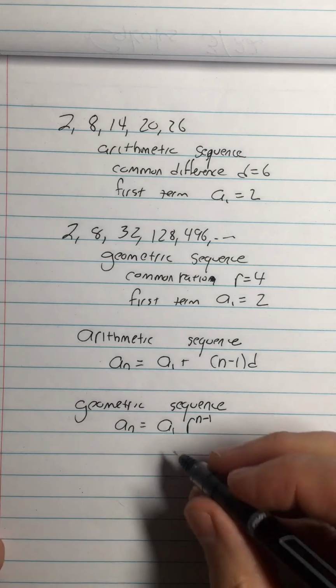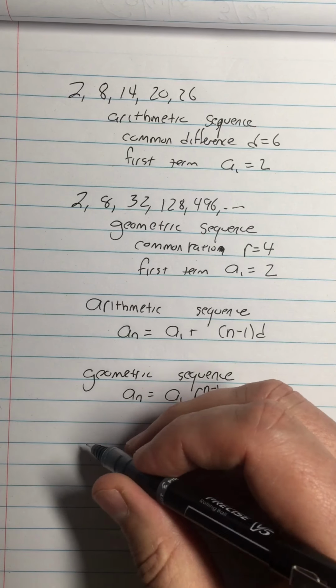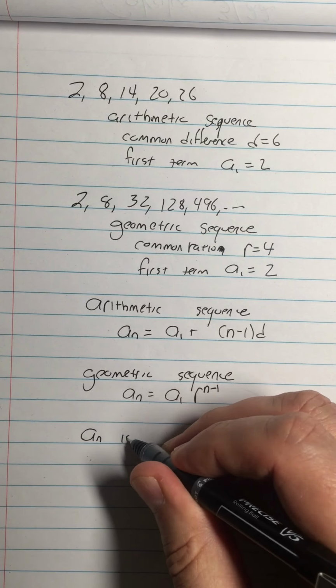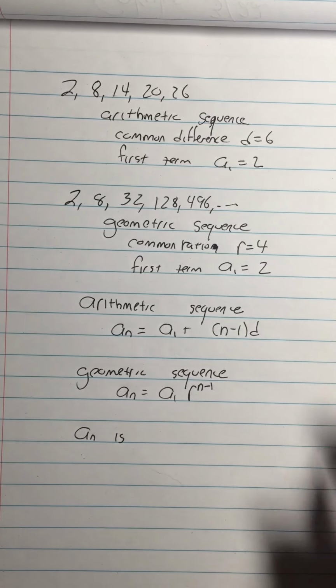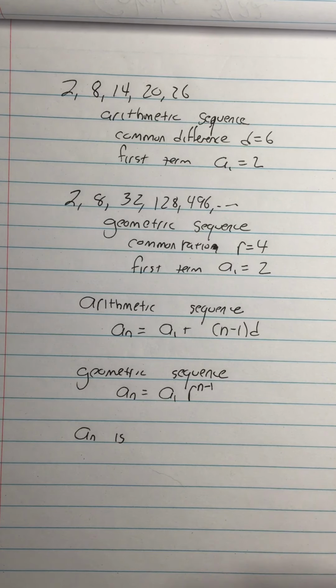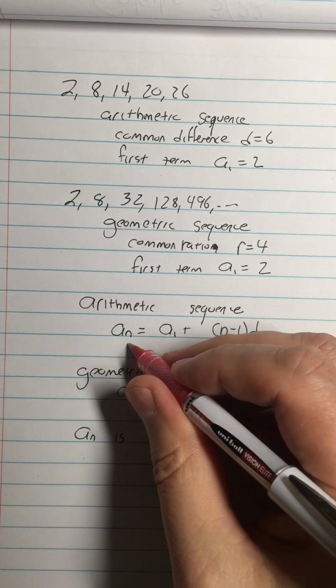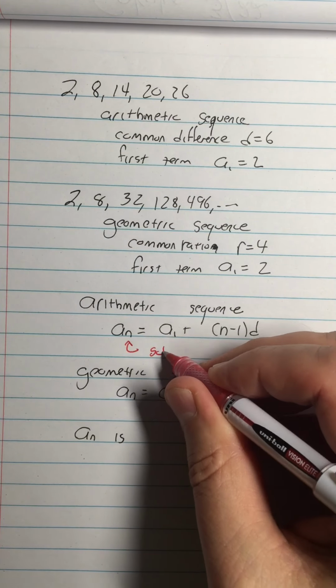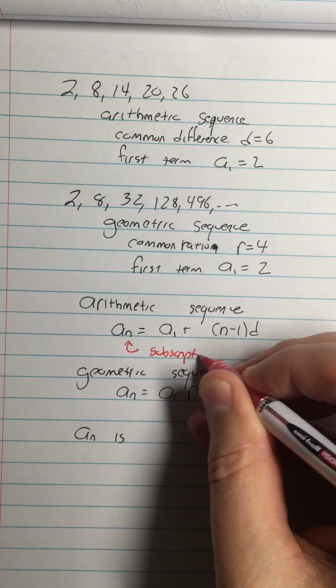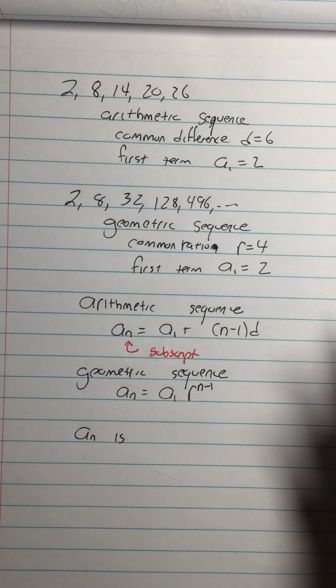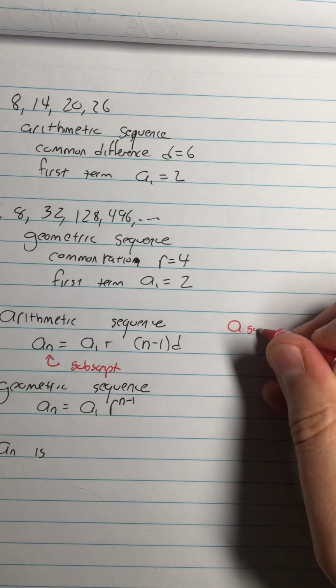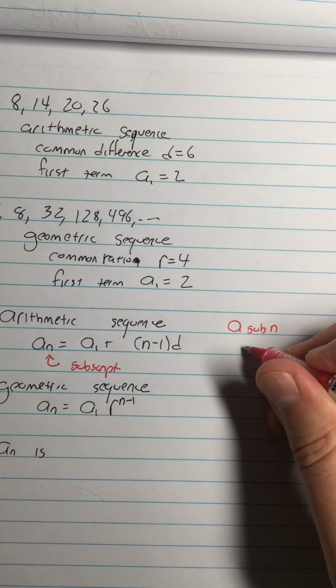All right. So we say a sub n, by the way, not a of n, as I almost did, because in the notation, this n down here is called a subscript. So we often say a sub n, or sometimes just an.